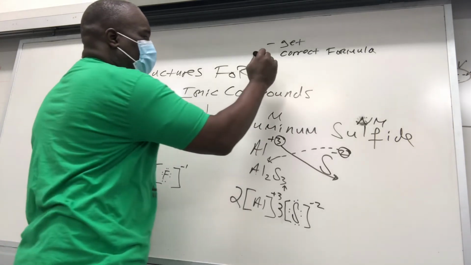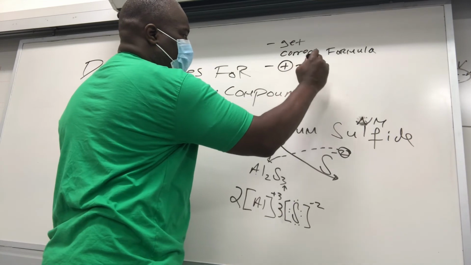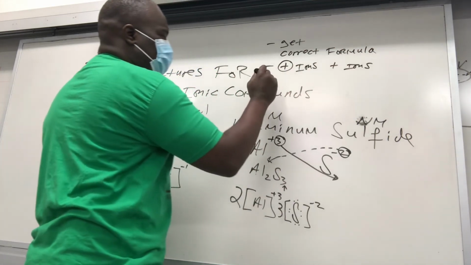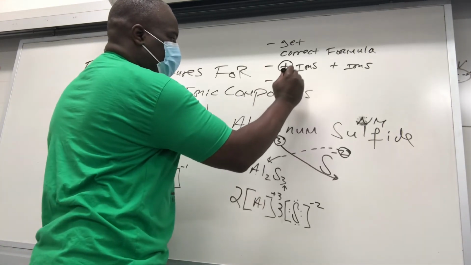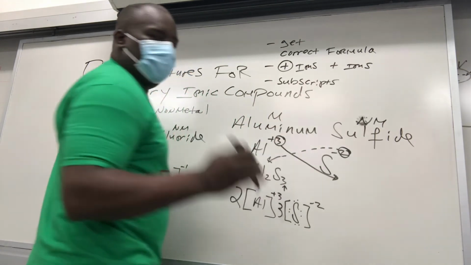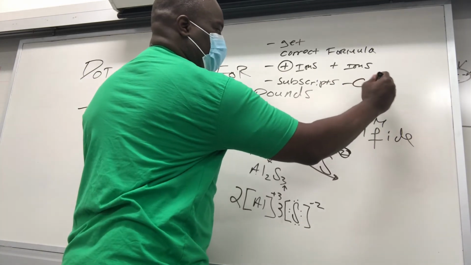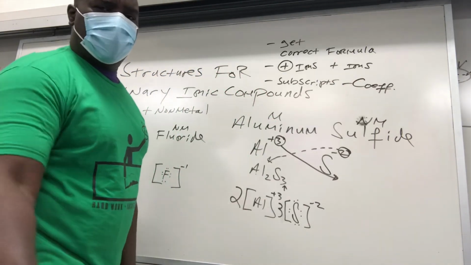Then use the rules for the positive ions that we learned before, and for the negative ions. And rule number 3, if you have subscripts, you represent the subscripts as coefficients in the overall dot structure, and you're done.